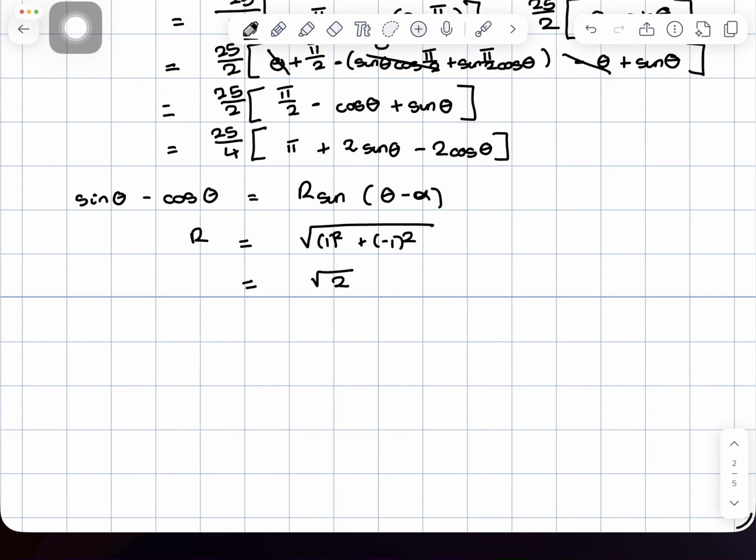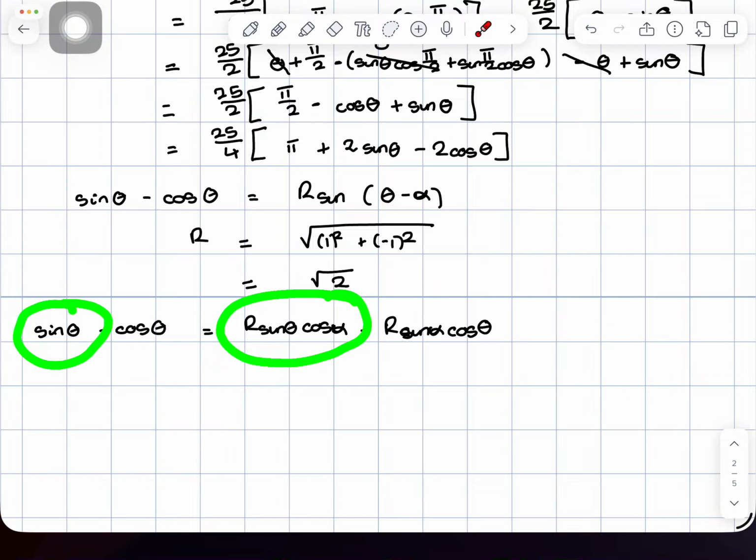Next, to get alpha, I will expand and compare coefficients. We have sine theta minus cos theta equals R sine theta cos alpha minus R sine alpha cos theta. Then we compare terms. If I compare this side and this side, sine theta and sine theta will cancel each other.